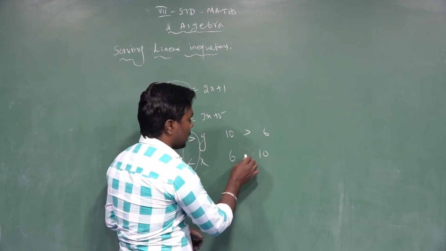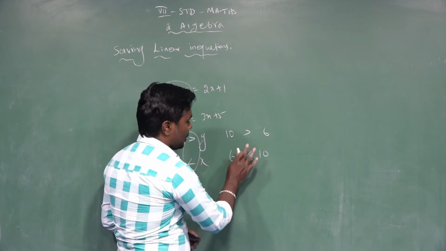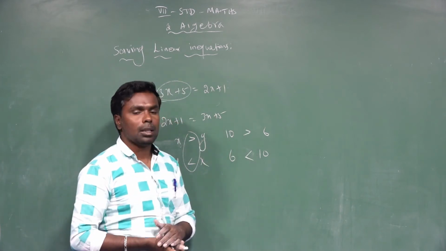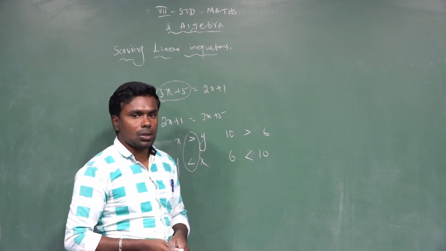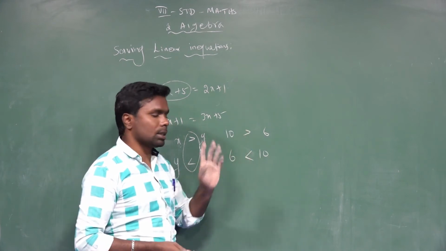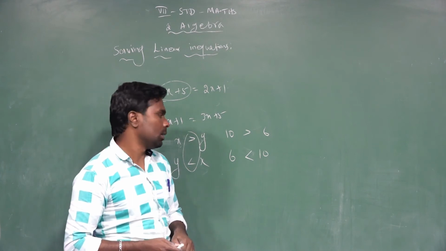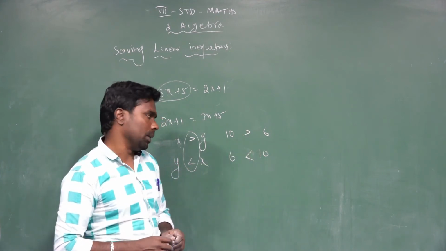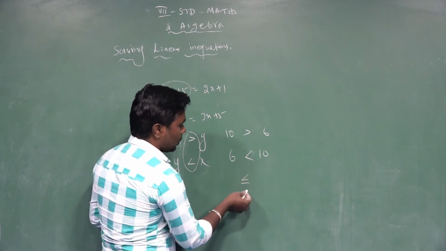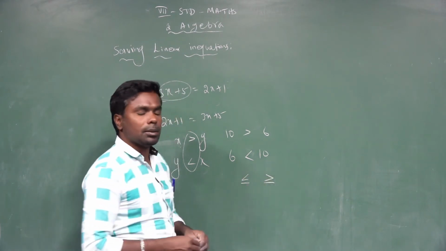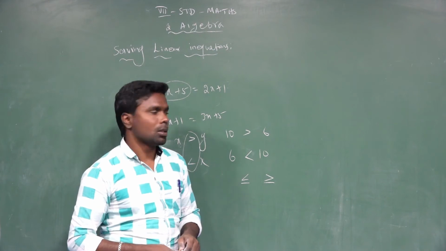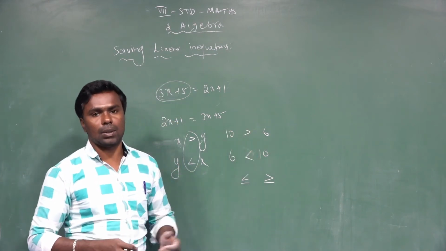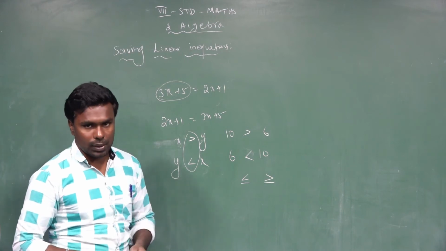So we can write only 6 less than 10. So when we interchange the values of the left hand side and the right hand side, you must reverse the symbol. Less than to greater than, greater than to less than. It's very simple. Or less than or equal to, greater than or equal to. So by following the 3 rules, we can easily solve the linear inequations.